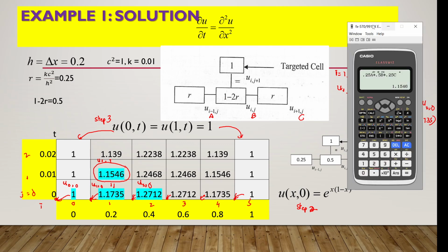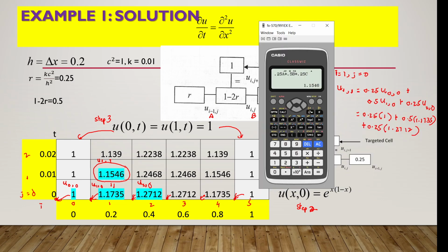Manually, to get the first value 1.1546, you see 0.25, A you represent by 1, B you represent by 1.1735, C you represent 1.2712. Manually you calculate 0.25 multiply 1 plus 0.5 multiply 1.1735 plus 0.25 multiply 1.2712.